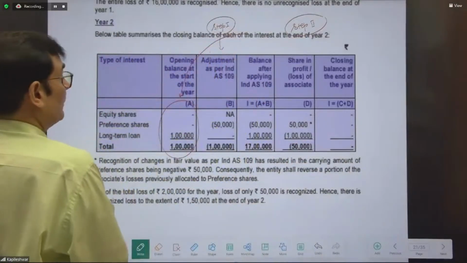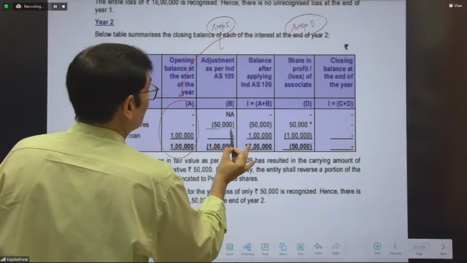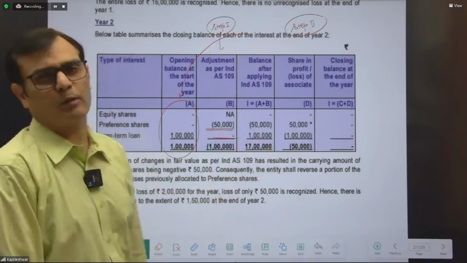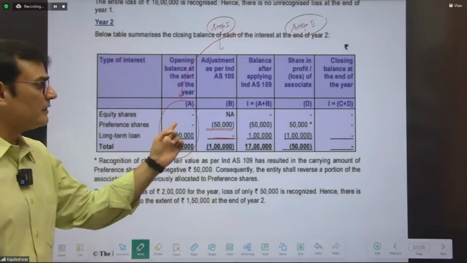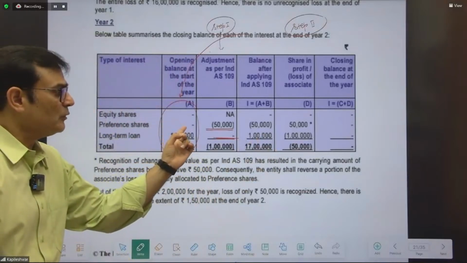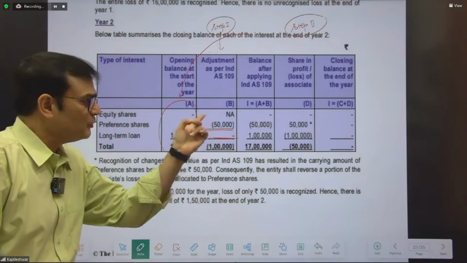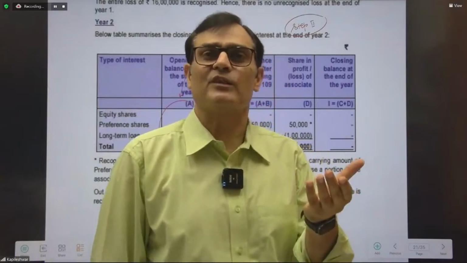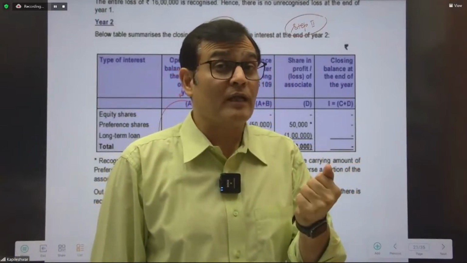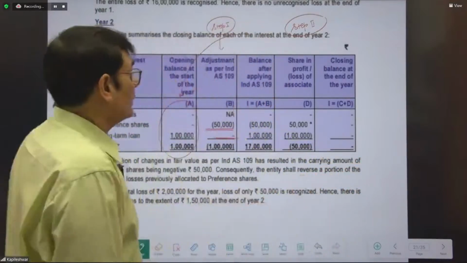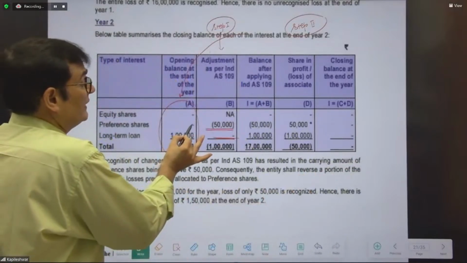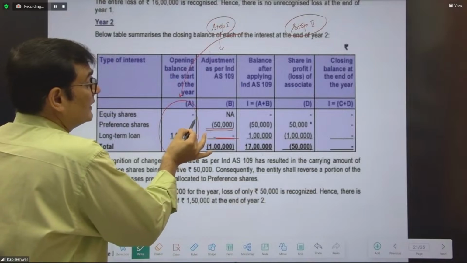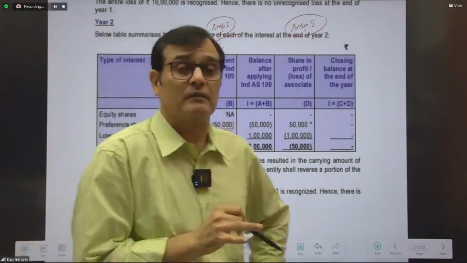So what do we do in step number one? We consider fair value decline, and there is no impairment in this case. But the problem is the value of the investment is 0 and the fair value decline is 50. You have to book this 50 because that is a fair value decline as per 109. Since because of Ind AS 28 you allocated losses, it is now standing at 0, but I need to book this 50.